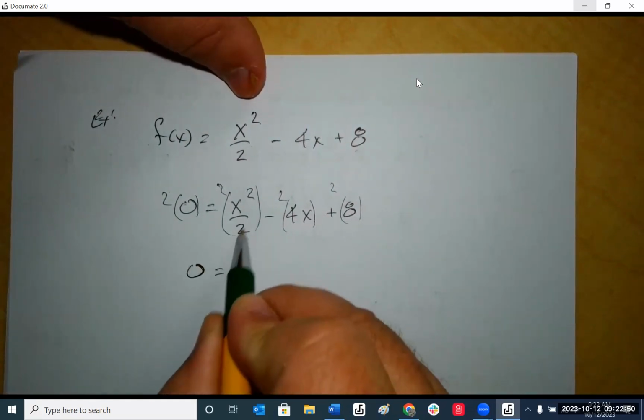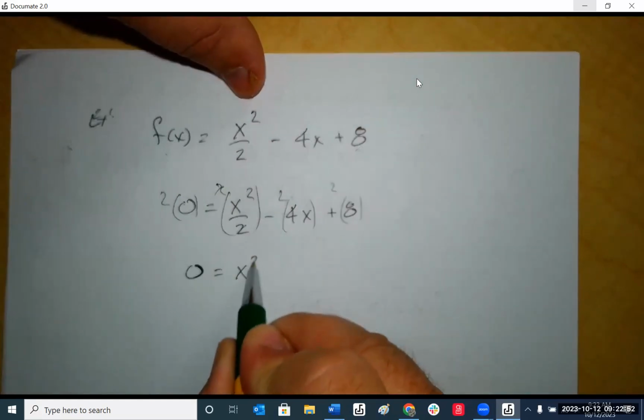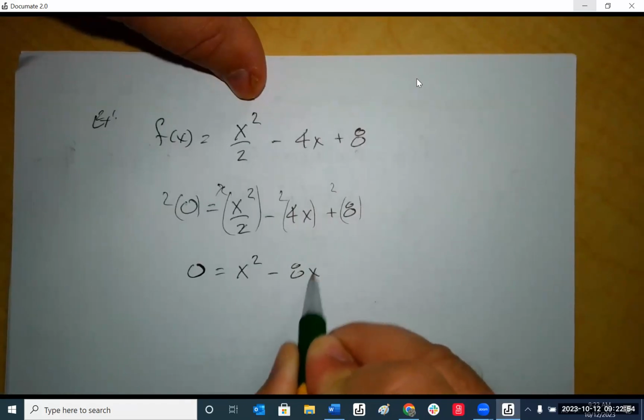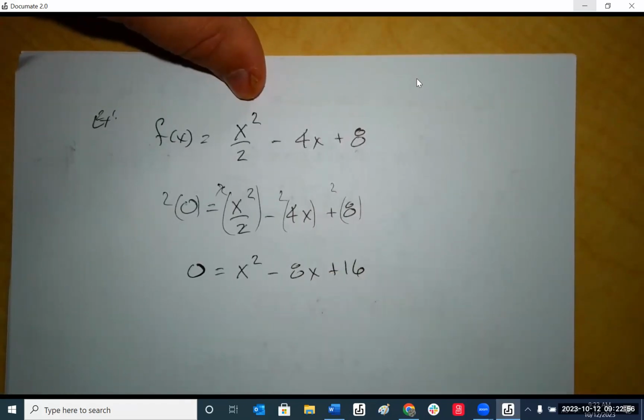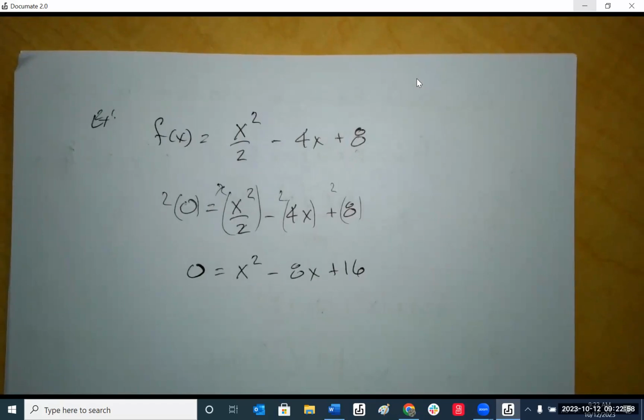So 0, the 2's cancel. So it's x squared minus 8x plus 16. And from there, we could solve it.